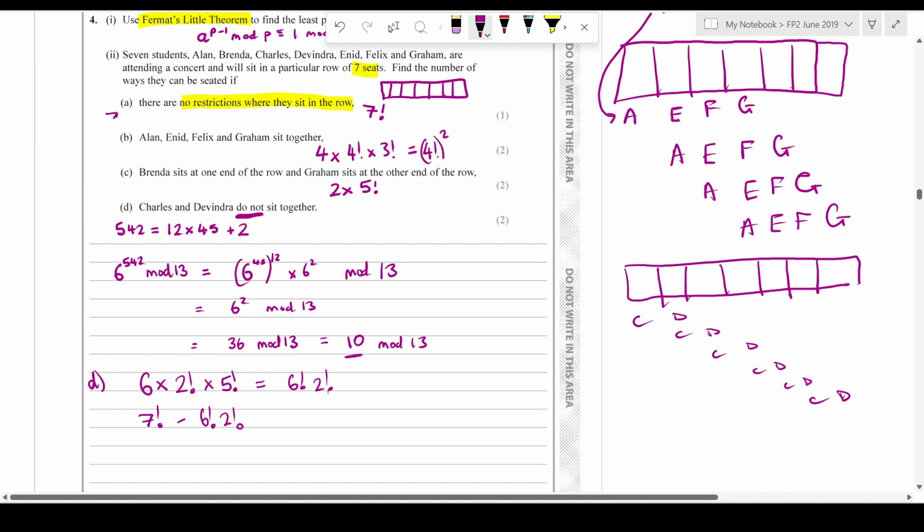Then we should obviously get the actual values. 7 factorial is the same as 5040. We then need 4 factorial squared, which is 576.